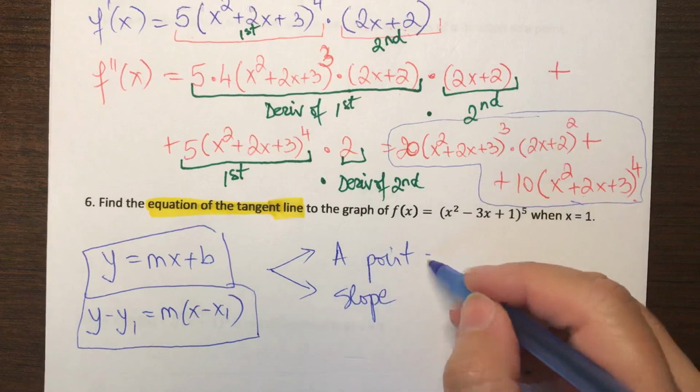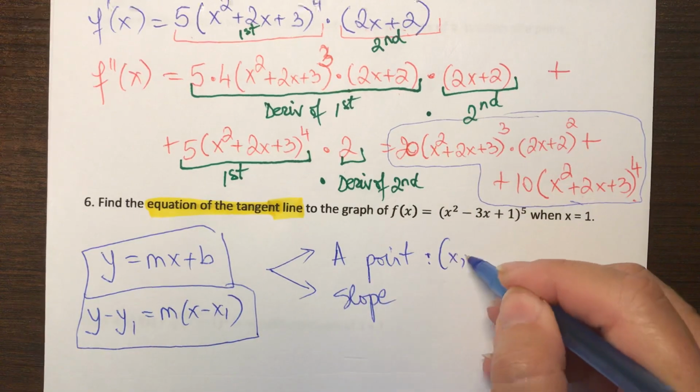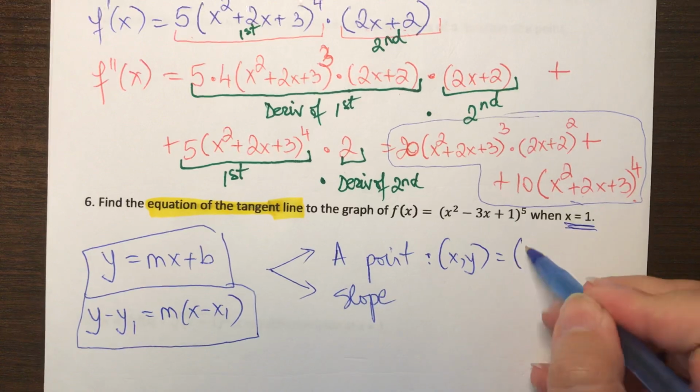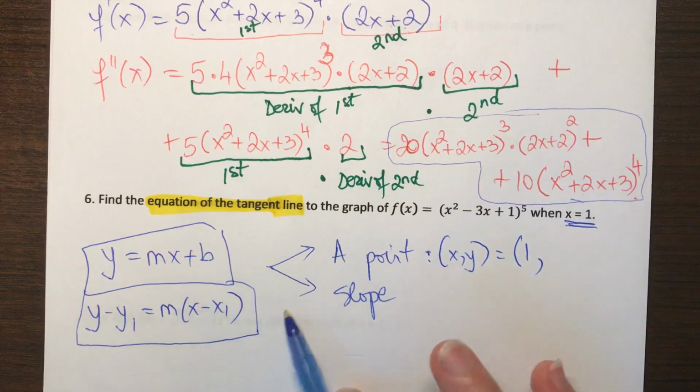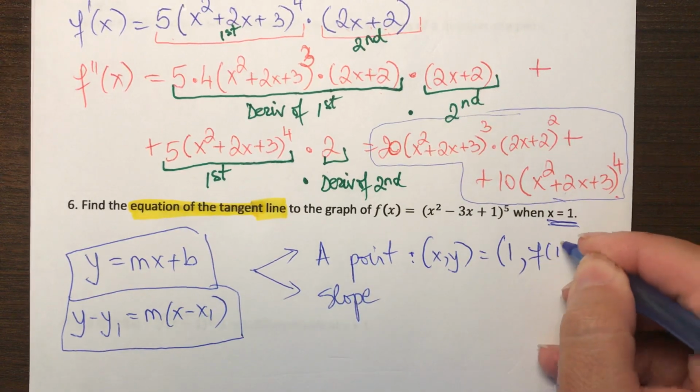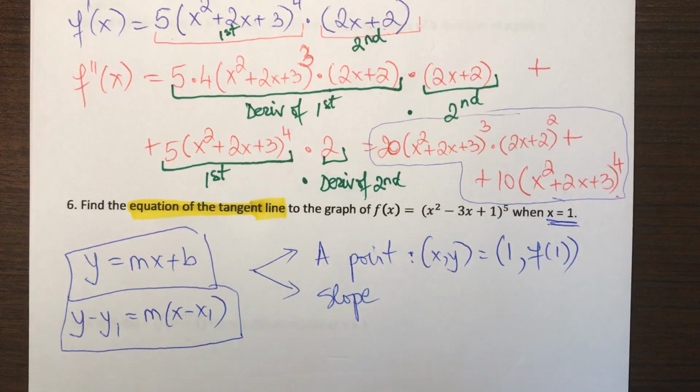Do we have a point? Definitely, we're telling you the x value, where you draw that tangent line to the graph. So the x value is 1. How do I find the y value to it? Well, I find it by plugging this 1 into the function. Yes, that's how you find a y.